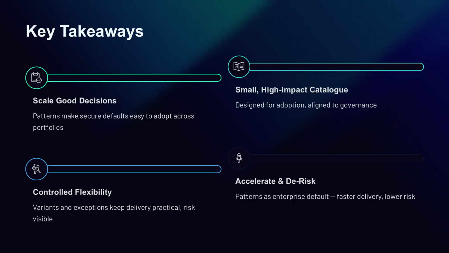You focus on a small catalog of high-impact patterns, design them for adoption, align them to governance, and keep them current through clear ownership and continuous improvement. You include controlled variants and transparent exceptions, so delivery stays practical while risk remains visible and managed. When patterns become the enterprise default, you accelerate delivery and reduce risk at the same time.